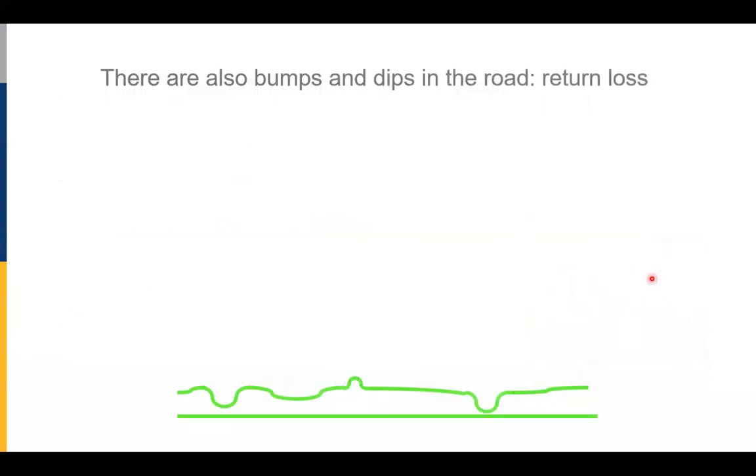All right, so there's our signal strength, and the other side to signal strength are noise parameters. And the first noise that we're going to look at is something called return loss. So again, with our single twisted pair of cable, and there are our friends the electrons.